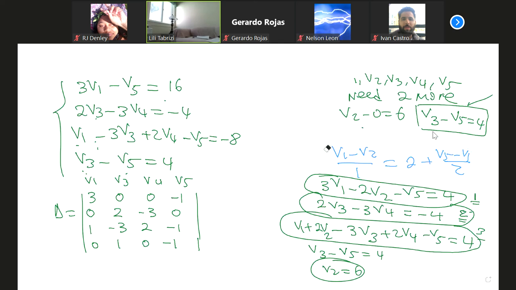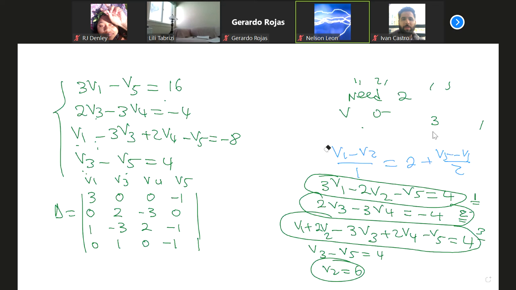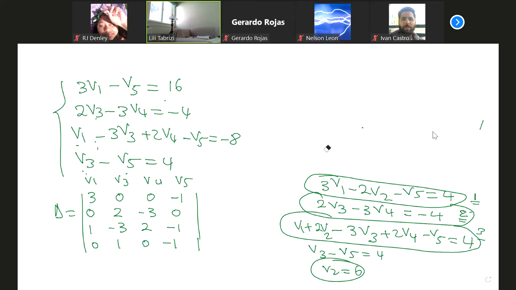Then you have to define, because you have 4 unknowns, v1, v3, v4, v5, delta and use the same subscript as the voltage, like delta 1 for v1. Delta 1 is the same 4 by 4 matrix except column 1. So you repeat column 2, 3, and 4.